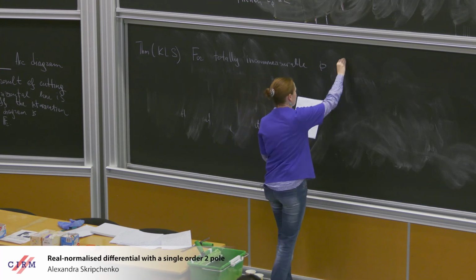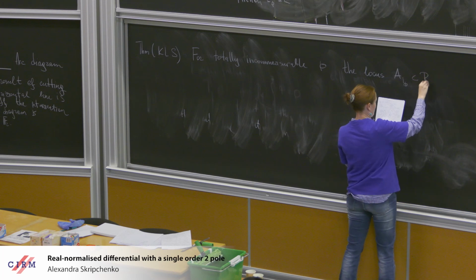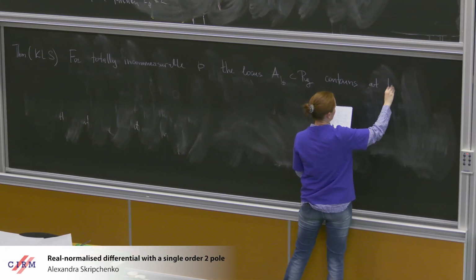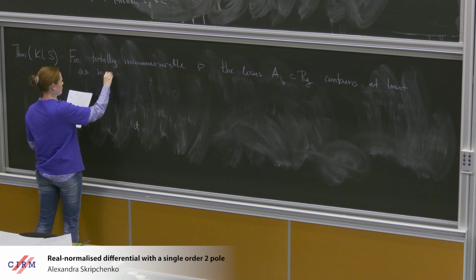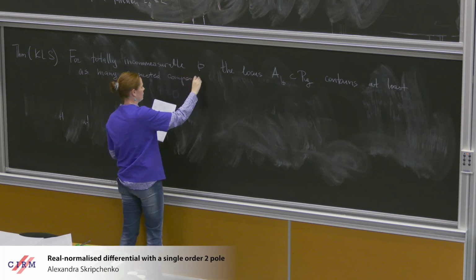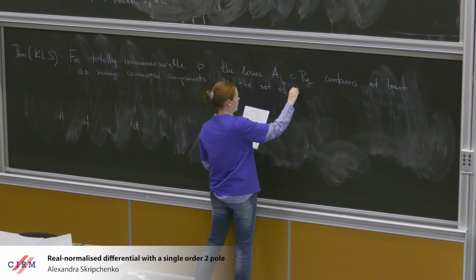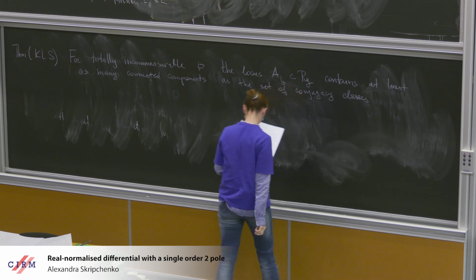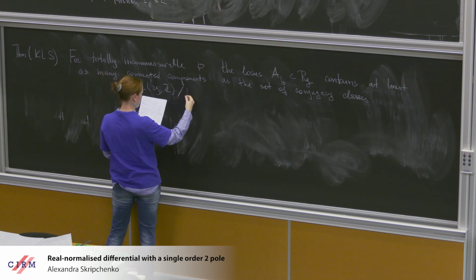The corresponding locus L phi in Rg contains at least as many connected components as the set of conjugacy classes of GL to GZ factor SP 2gZ.